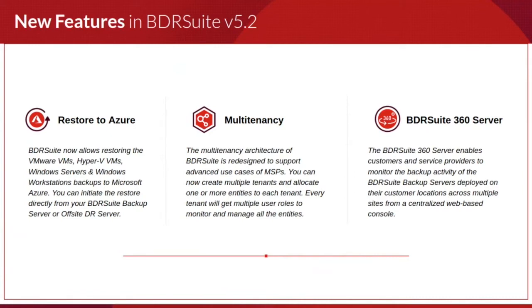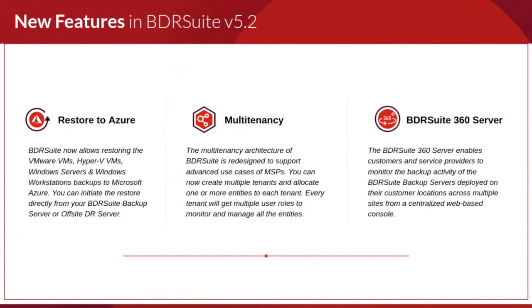Now you can just spin up a virtual machine that you have taken a backup of on your Azure site. It can be your VMware VMs, Hyper-V VMs, or the Windows image backup that you have taken for servers or workstations. All those backup data can be restored to the Azure site.